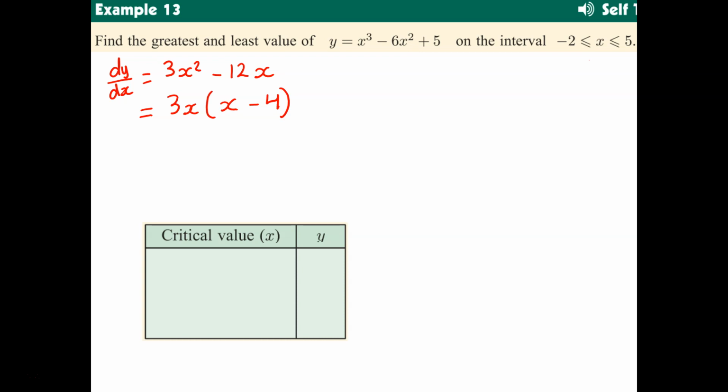How do I draw the sign diagram of this? Well, my derivative itself is a quadratic. It's a convex quadratic. So I'm going to have a go drawing the sign diagram now, dy by dx. Question: when is my derivative 0? It has two zeros. What are they? Well, when x is 0 and also 4.